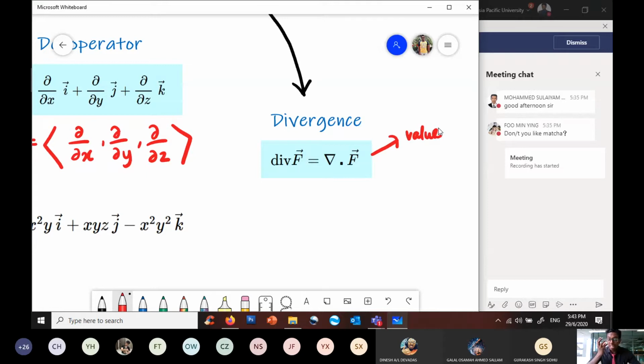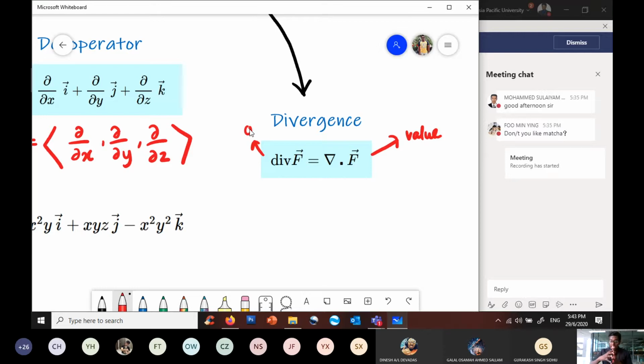This is what we interpret by divergence. So if you get divergence equal to 0, it means that the particle has no tendency to diverge away, meaning that it is incompressible. You can't compress it, you can't expand it. It stays there. It doesn't diverge away. So that is the meaning of divergence.